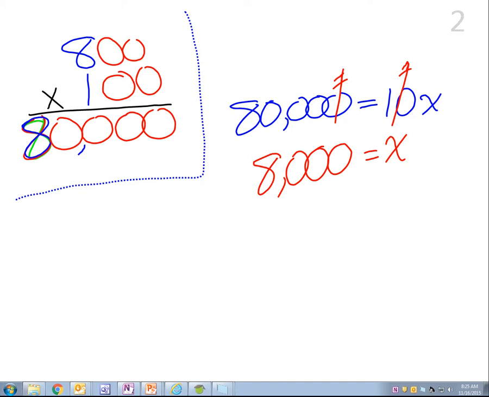Okay, so I thought of it as being not algebraic, but the bottom line is you just have to divide both sides by whatever's connected to that x. That's something that you're going to be doing for like 15 weeks next year in pre-algebra.